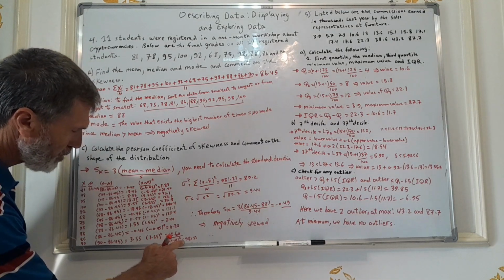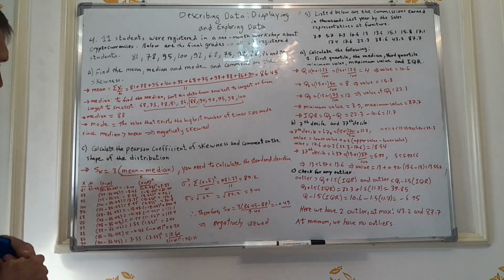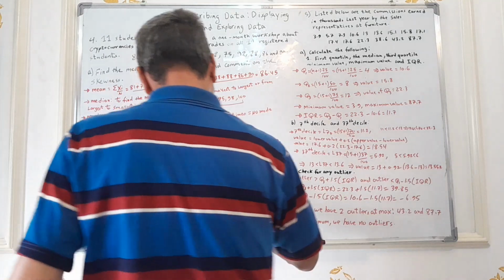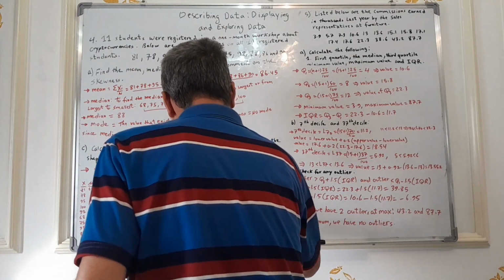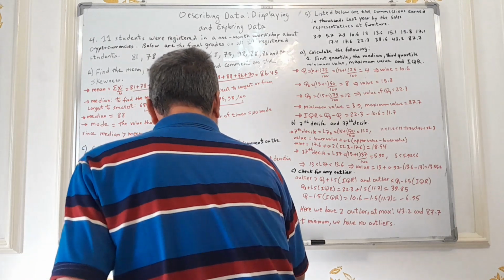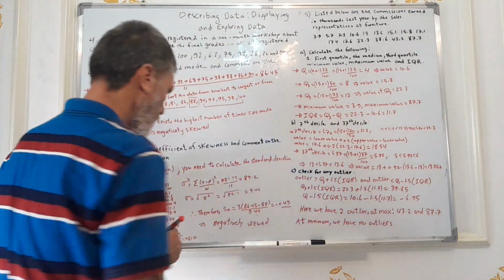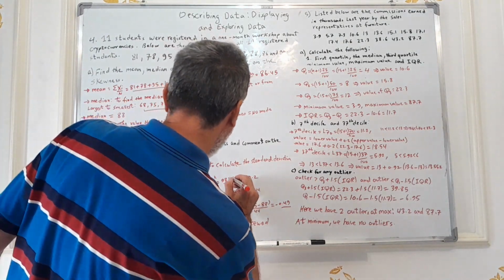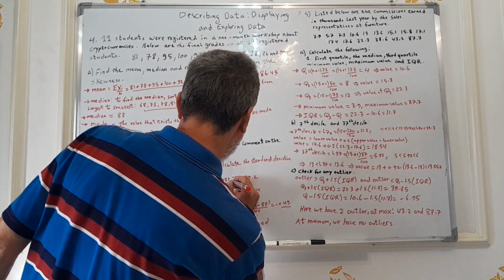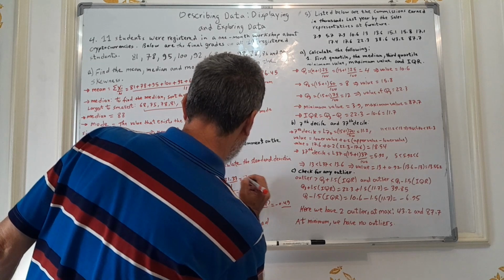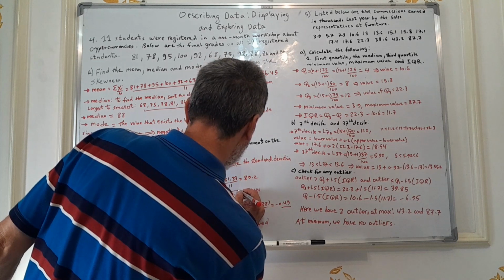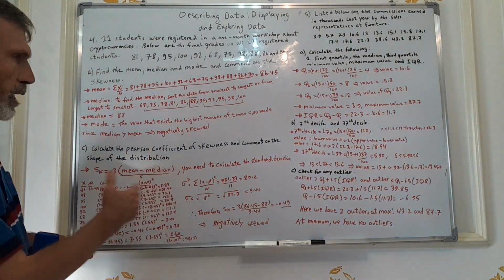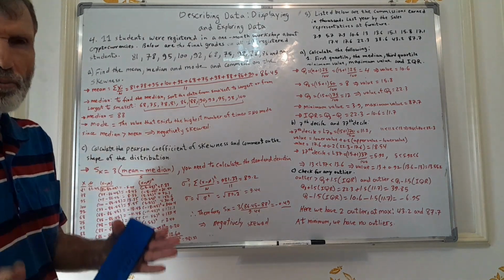X minus mu squared here, and here it's going to be sigma squared. Okay, so now, as you can see, 981.33. So now we corrected the symbols because we are talking about population.